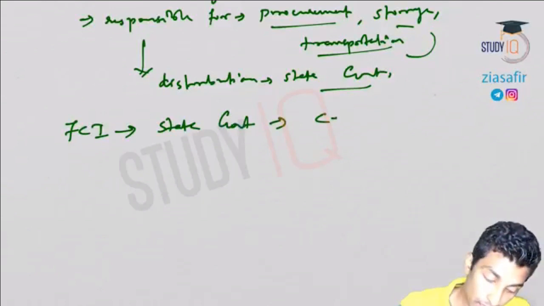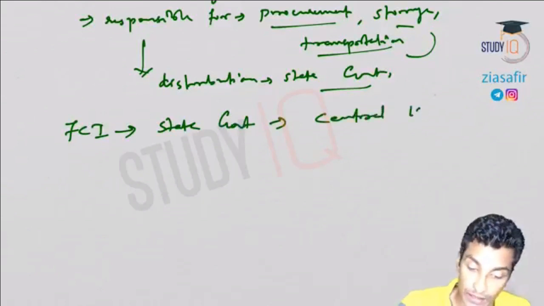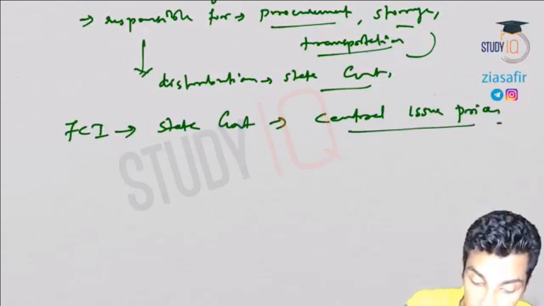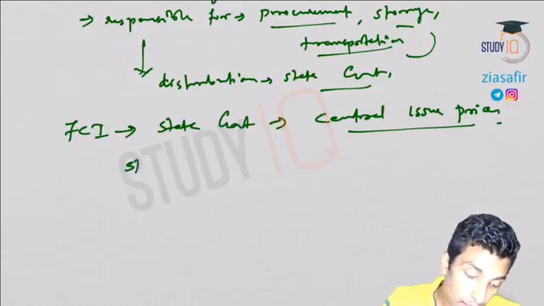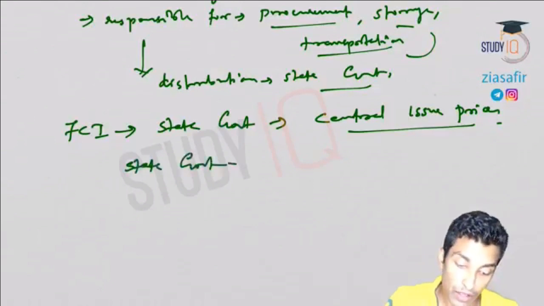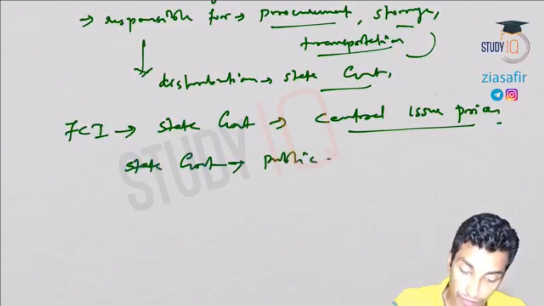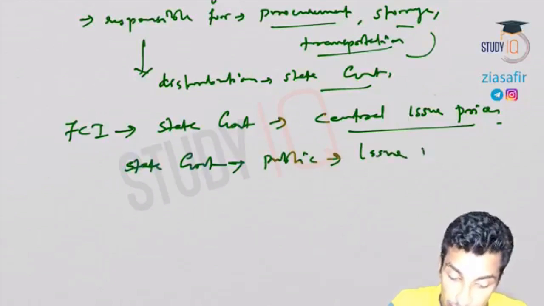It was sold at the central issue price. And the state government will sell or give to the public under which price? Issue price.